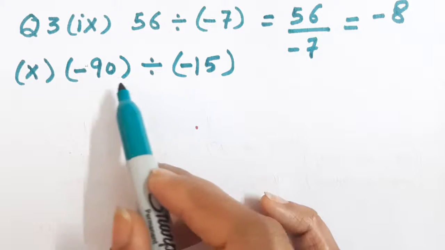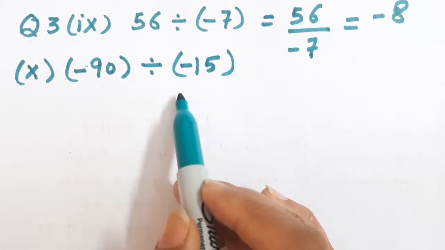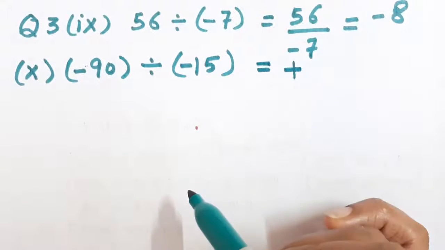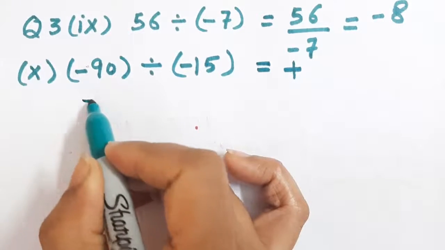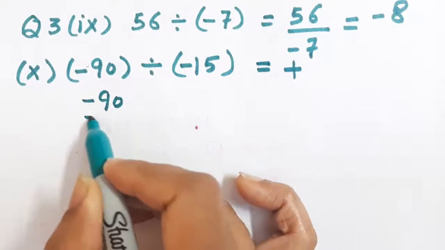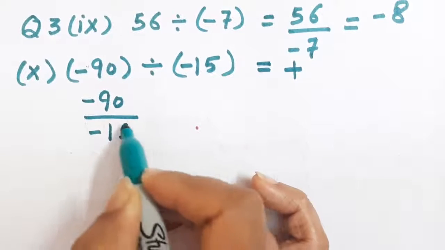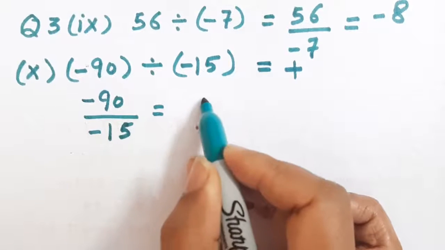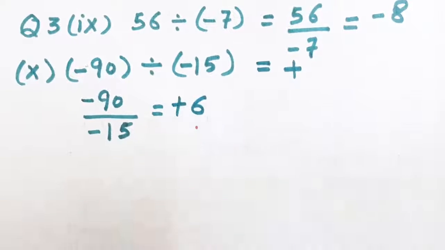So whenever the numbers are of same sign, in that case the answer is always positive. So here minus 90 divided by minus 15 is how much? Now how many 15s are 90? 6 are. And the answer is positive. I hope you all have understood.